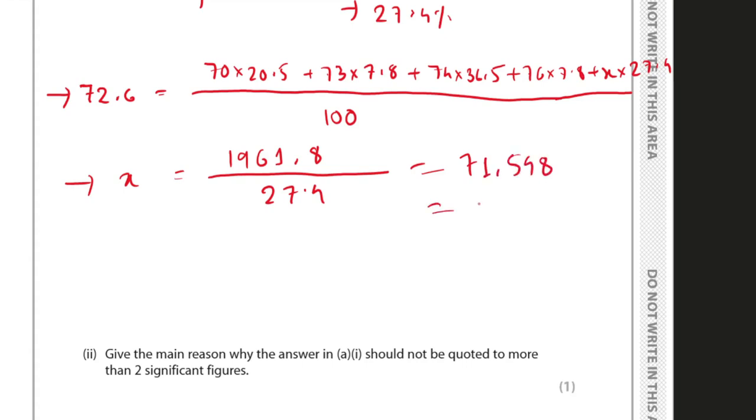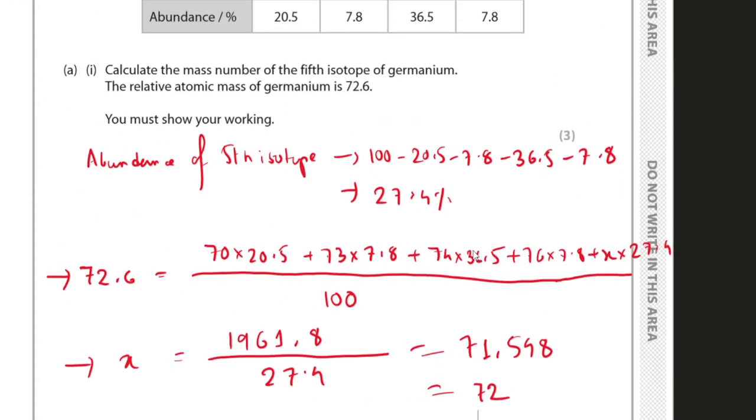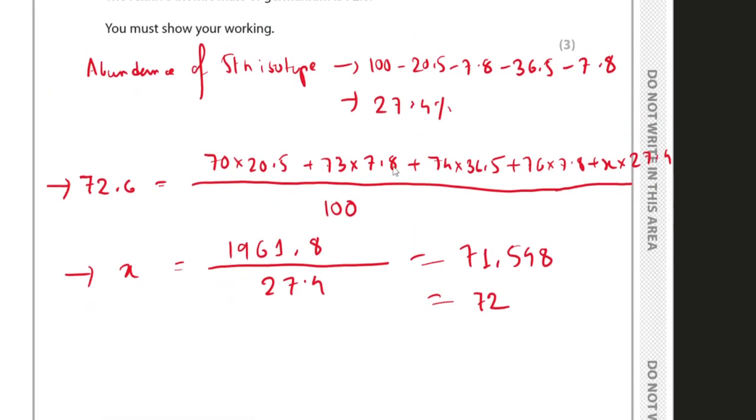So you can just give it as 72 as well. So that's the mass number. We can check it out. So that would be our mass number of the fifth isotope of germanium.